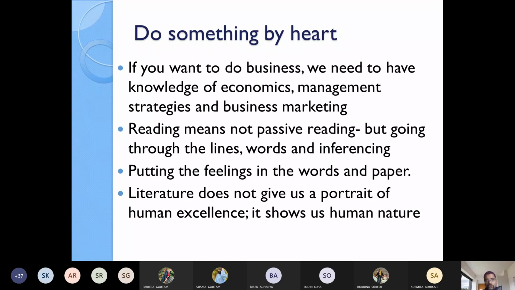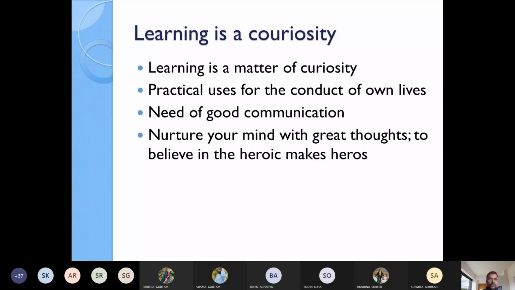So literature does not give us a portrait, meaning an image of human excellence. It shows human nature, how it does. So here, learning means learning with curiosity. Learning is a matter of curiosity.